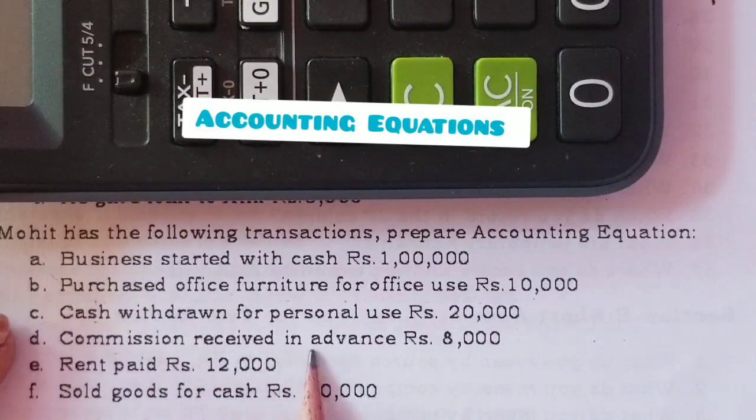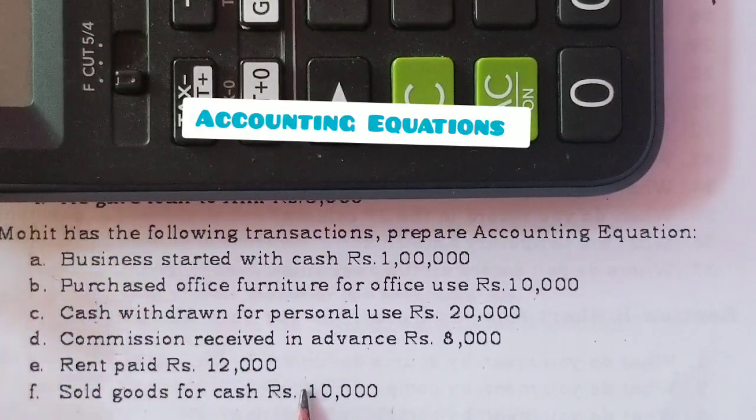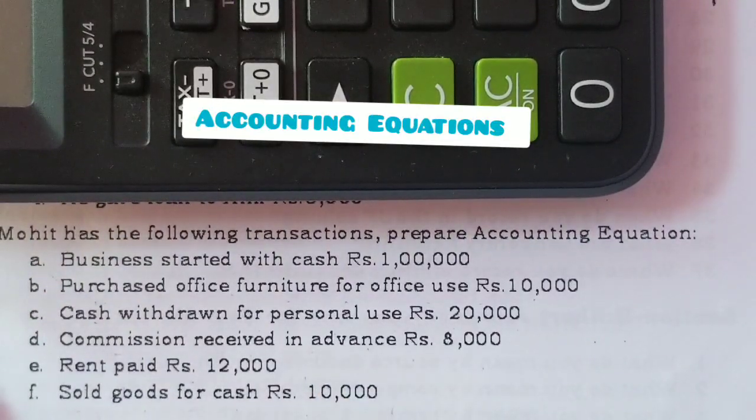Commission received in advance rupees 8,000. Rent paid rupees 12,000. The last one, sold goods for cash rupees 10,000. So these are the 6 transactions we are going to solve using the accounting equations.